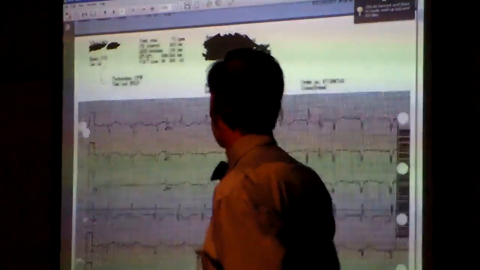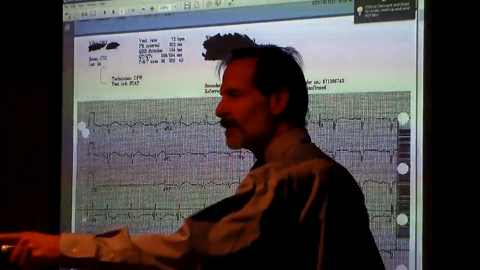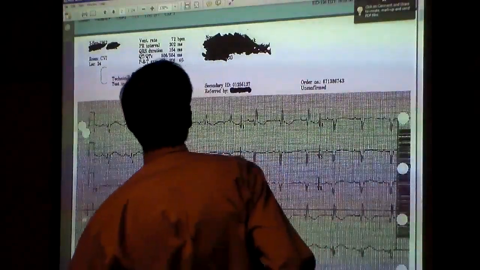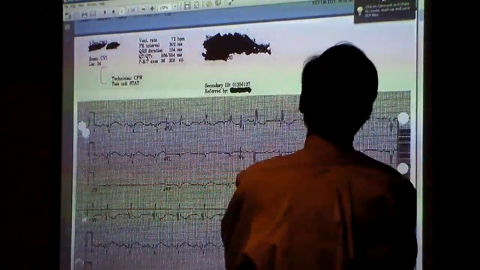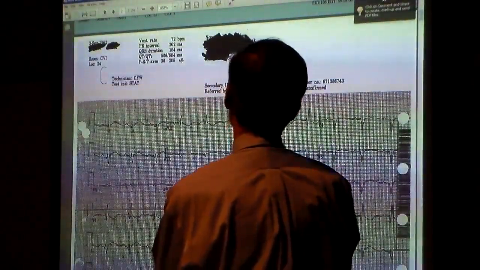Let's look at this EKG. So sinus, you can see previous.